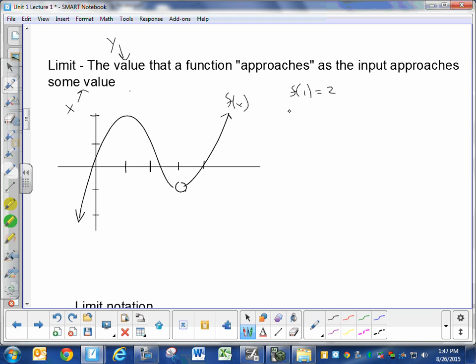We can also say that as x approaches 1, f of x approaches 2. Okay, my function value at 1 is 2, and the function is approaching that value at 2.